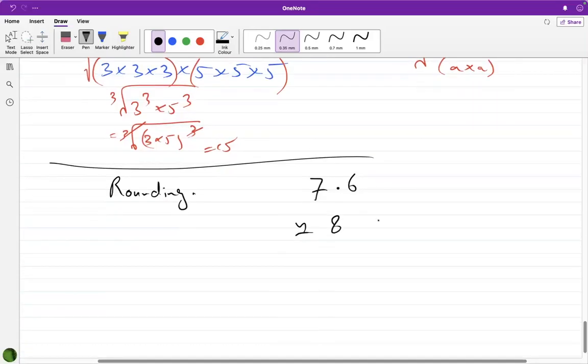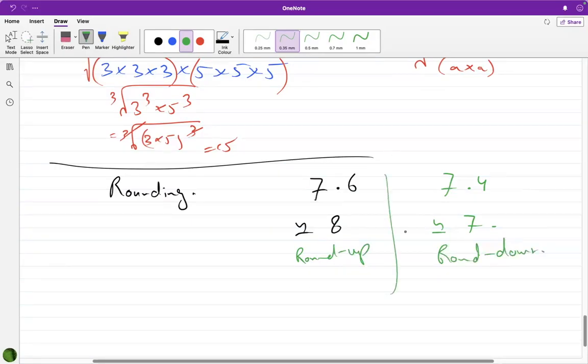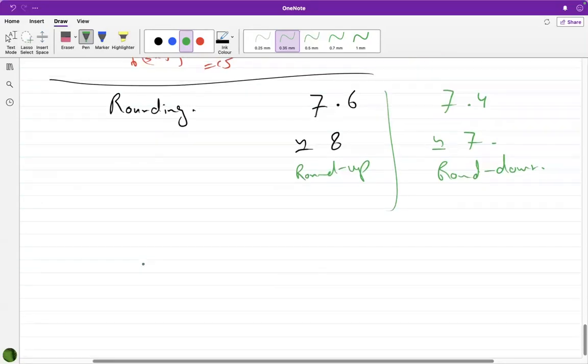Yes. And if I write 7.4, that is approximately equal to 7. So when do we round off? When our digit is either 5 or more than 5, then we round up. This is round up. That is round down. So 5 or more than 5.